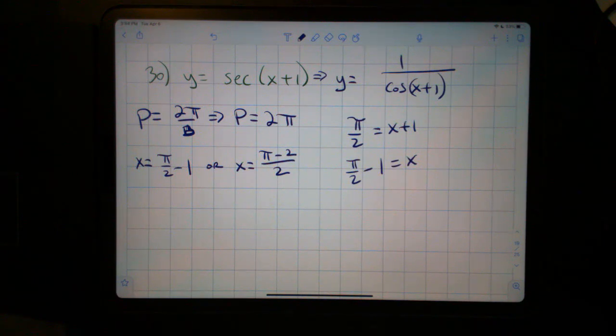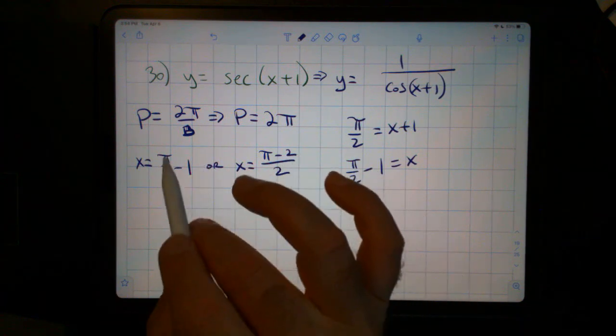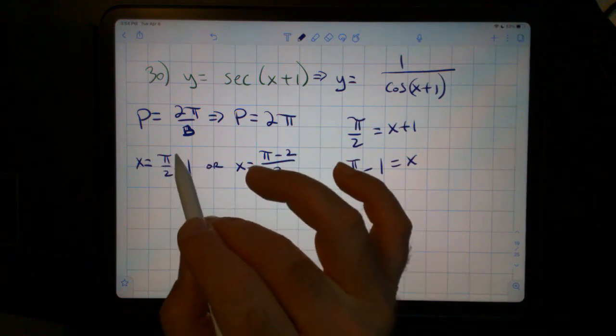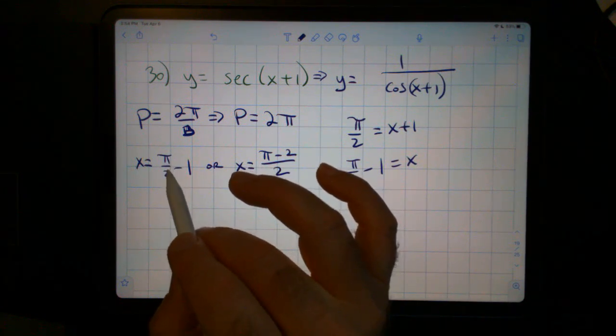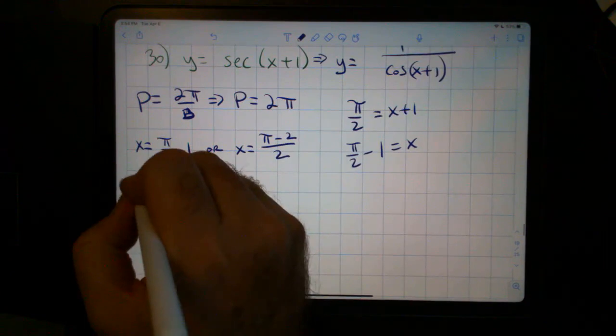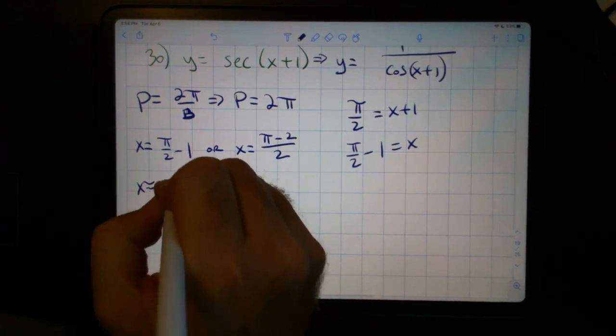Okay, it's very unusual, but yeah. So pi over 2, well, pi is 3.14. So pi over 2 is like 1.57 minus 1. This is going to be about 0.57.